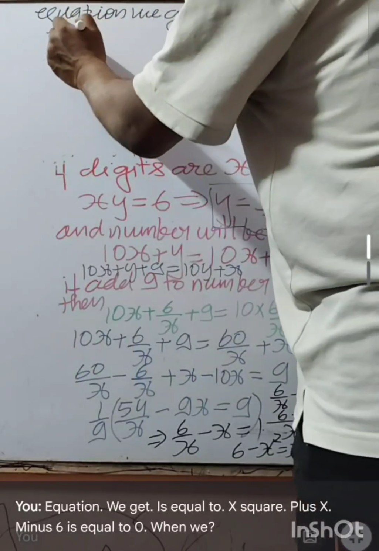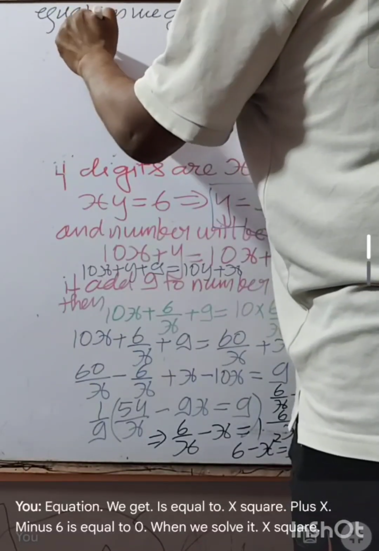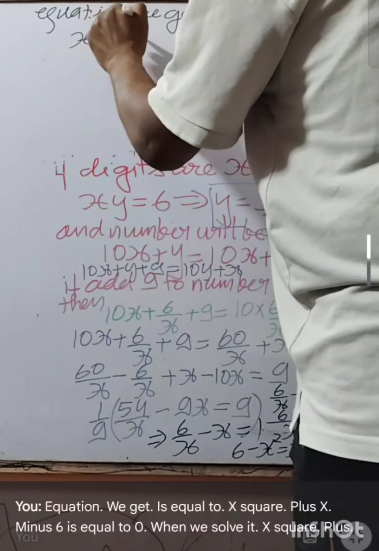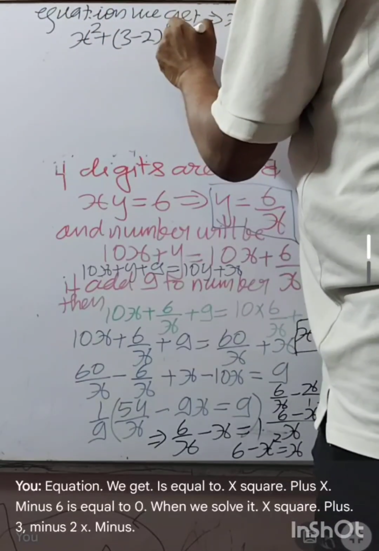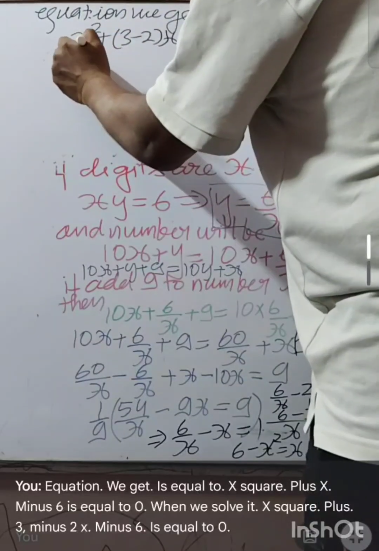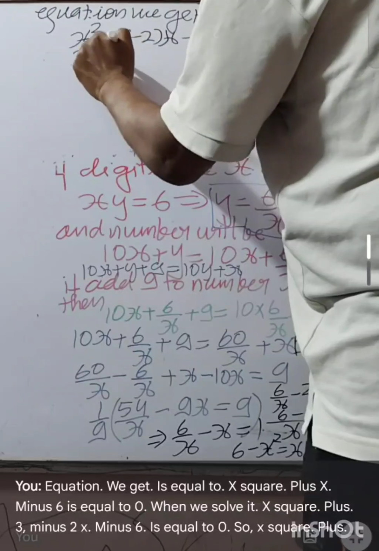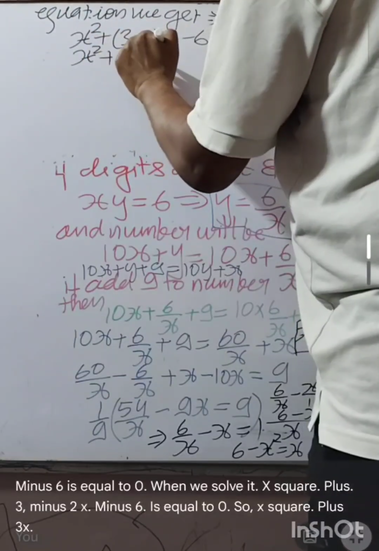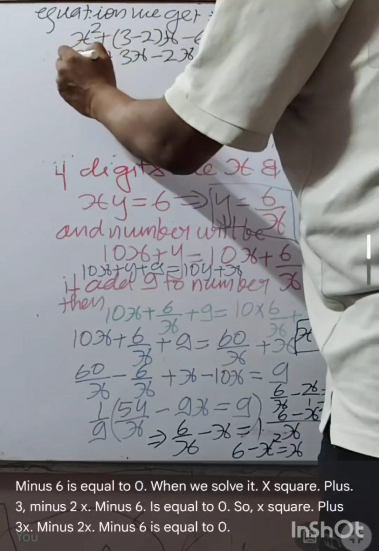When we solve it: x square plus 3x minus 2x minus 6 is equal to 0.